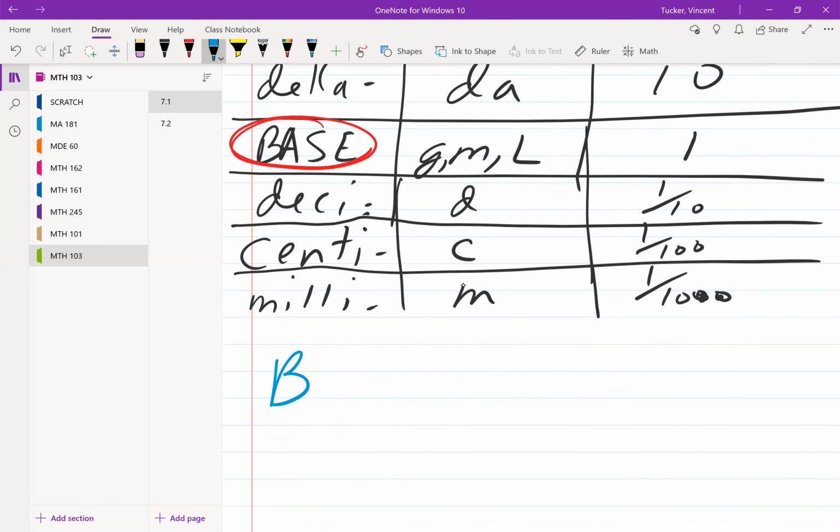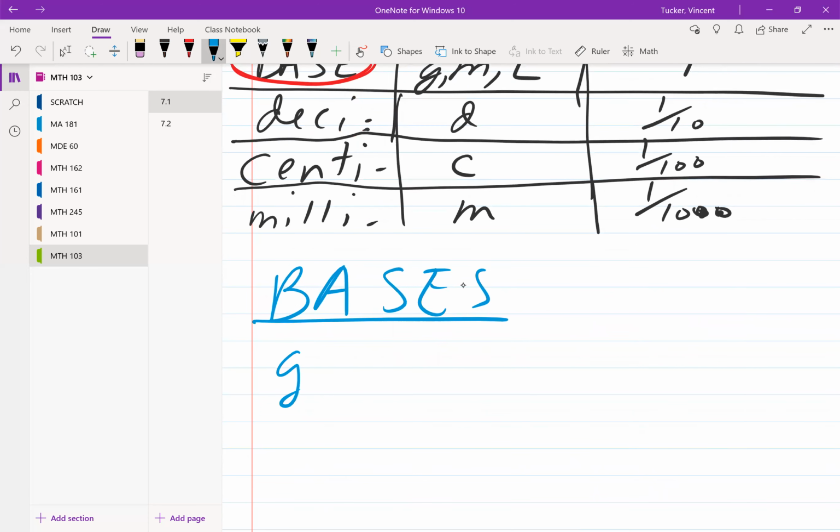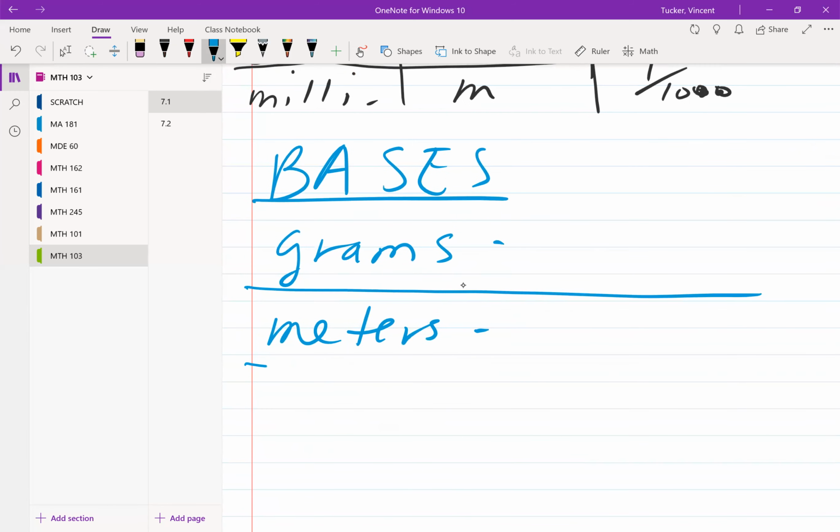All right. Our bases. Grams, meters, liters.